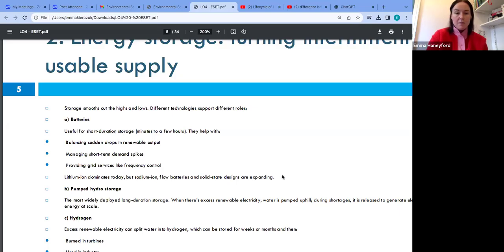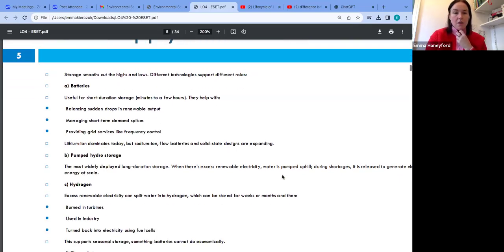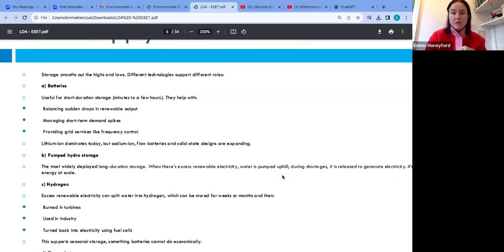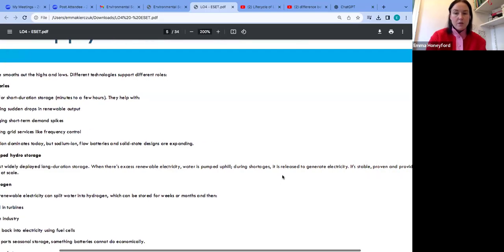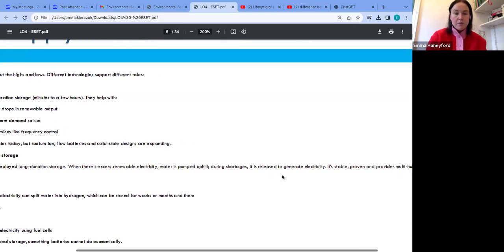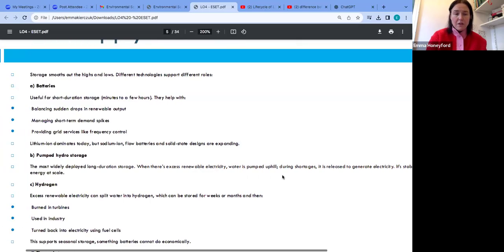So then we move on to pumped hydro storage, the most widely deployed long-duration storage. When there's excess renewable electricity, water is pumped uphill, and during shortages it is released to generate electricity. It's stable and proven, and provides long-term energy, but at scale.